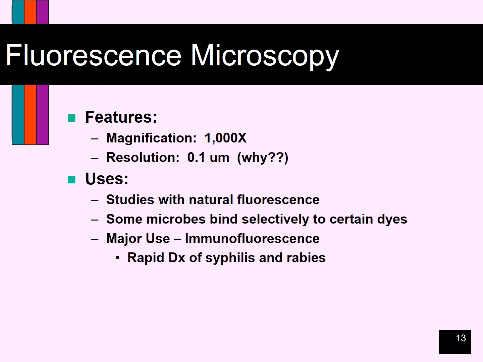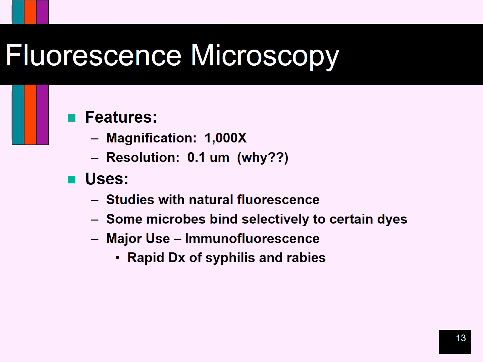So the uses: we saw where microbes could bind selectively to certain dyes, like the acridine orange. There are some microbes that are naturally fluorescent, like Pseudomonas aeruginosa is naturally fluorescent. We could just look at those under the UV light microscope. But the major use for this microscope is immunofluorescence.